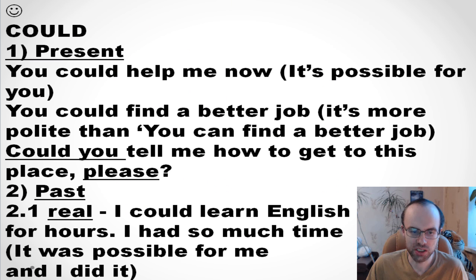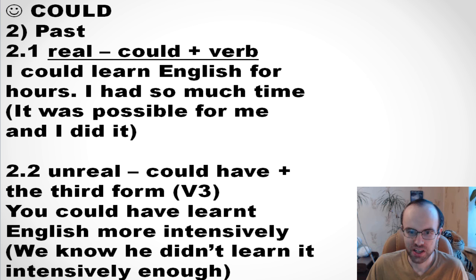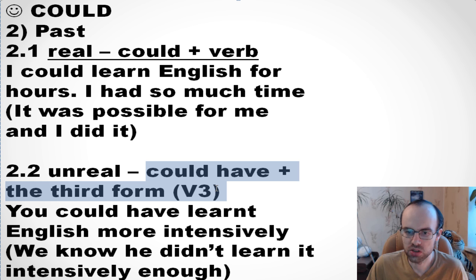Good. But my friends, there is one more situation. Sometimes we use could for situations which were unreal, and you need to use another structure. Look, could have plus the third form of the verb.